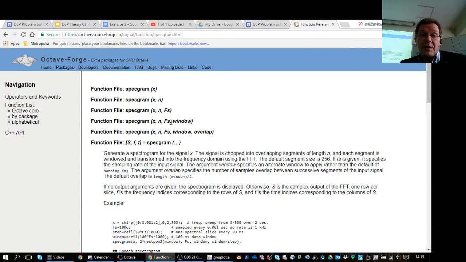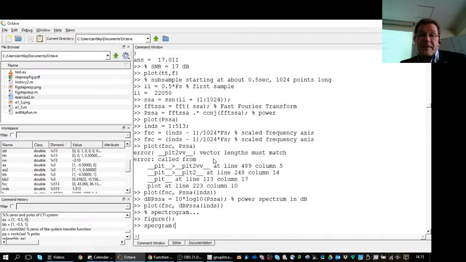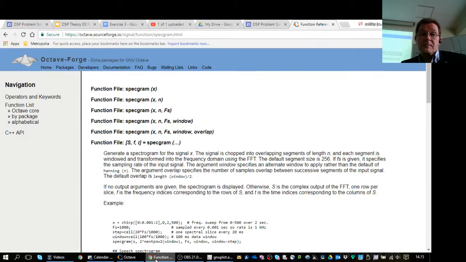Data, how many points, sampling rate. Okay, in that order. Data was SSN.